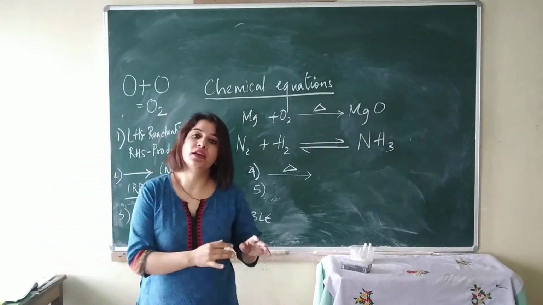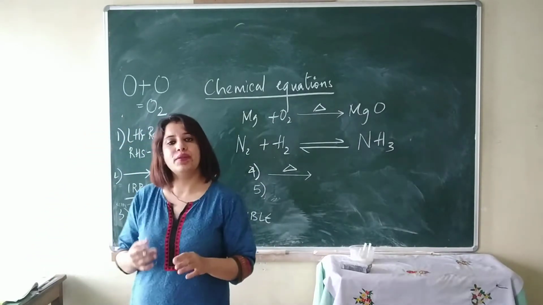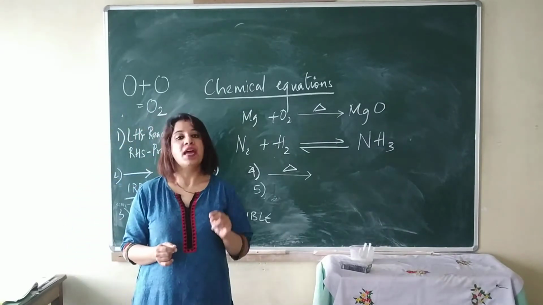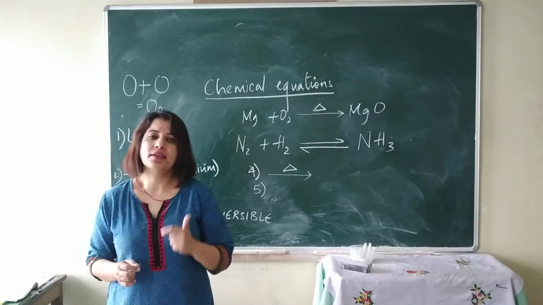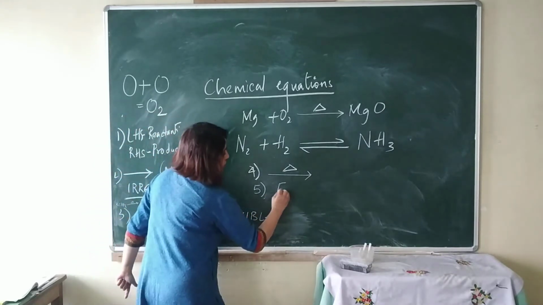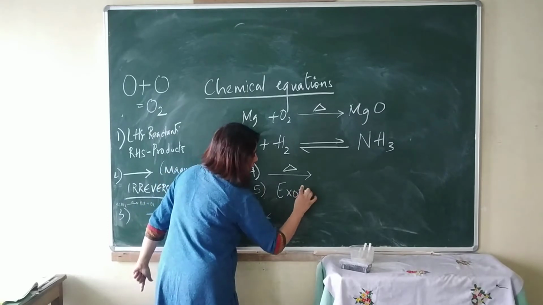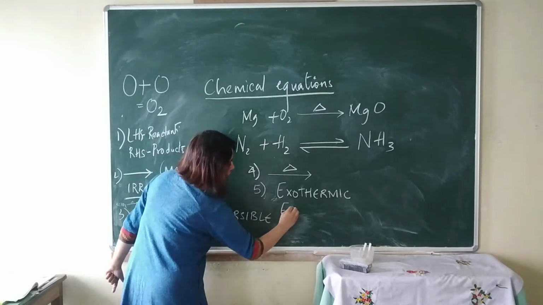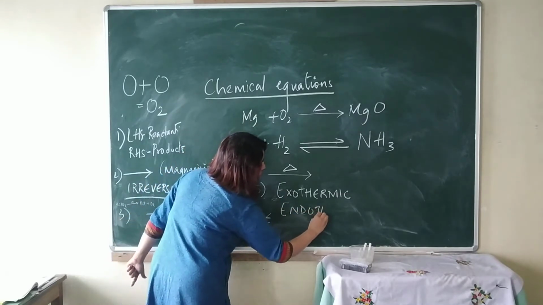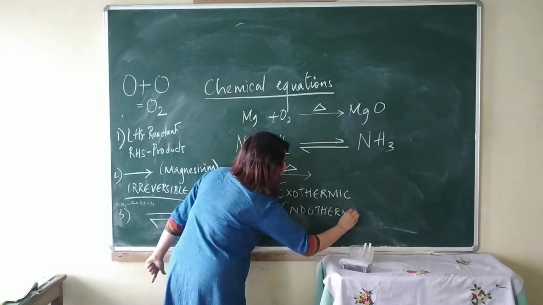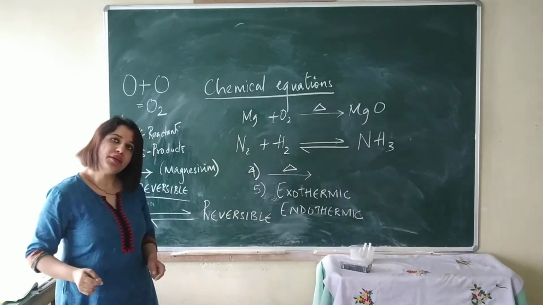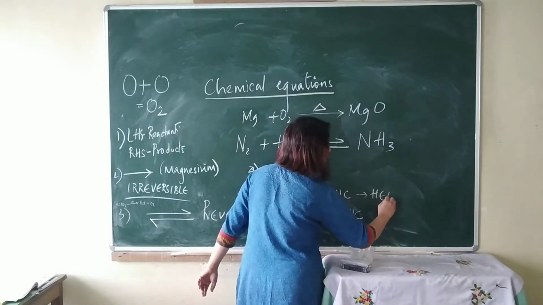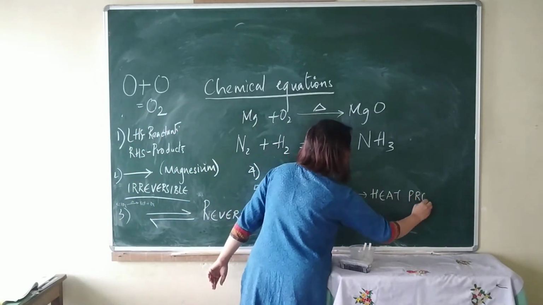Next. Now, if you remember, when we did the chapter Elements, Compounds and Mixtures, I explained two terms, exothermic reaction and endothermic reaction. Exothermic reaction is a reaction in which heat is produced.